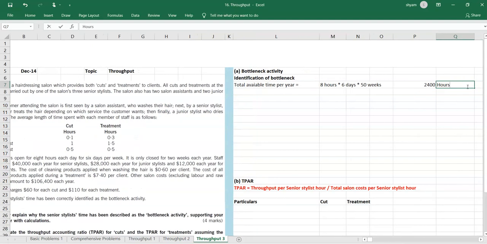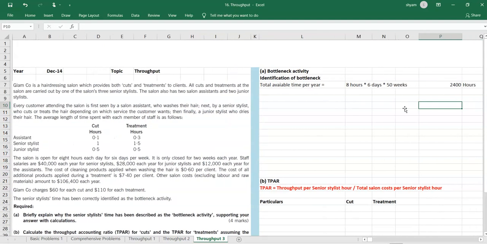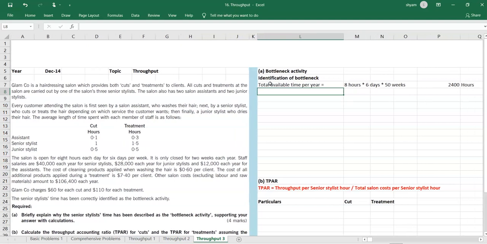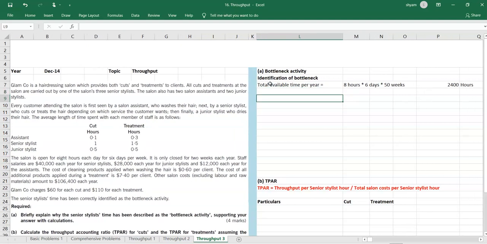So this is the total number of hours they are working. And there are 3 sets of people here. Assistant is there, senior stylist is there, and junior stylist is there.